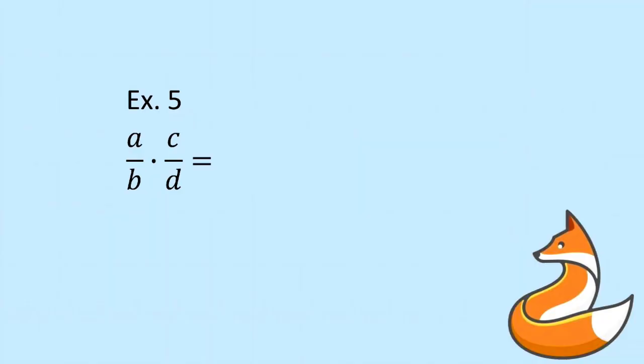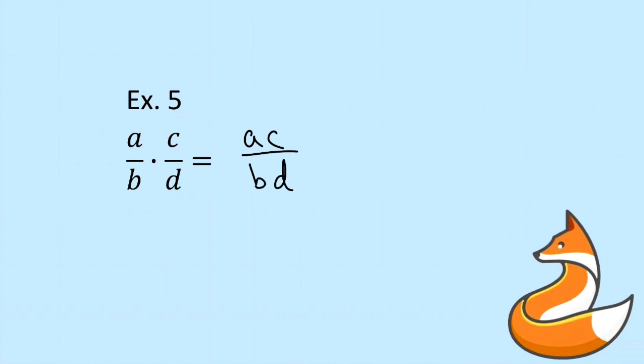Since we will need to consider two rational numbers, we can also say that c divided by d is a rational number if c and d are in the integers, which we represent as Z, and d does not equal 0. Now, when we multiply these two fractions, a over b times c over d, we multiply across the numerators, a times c, and we multiply across the denominators, b times d.